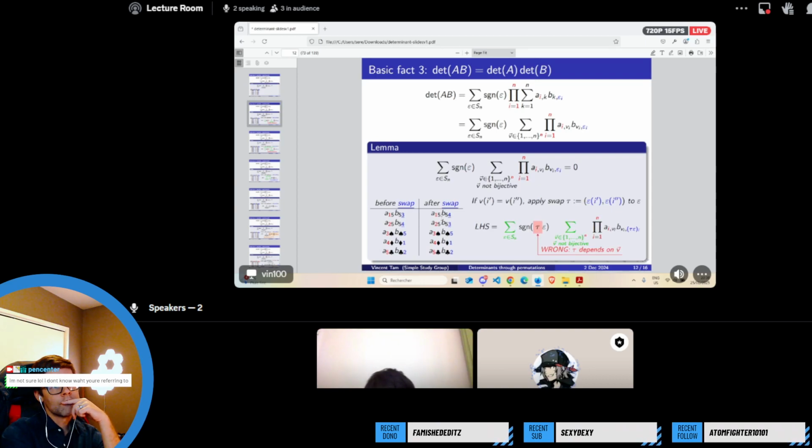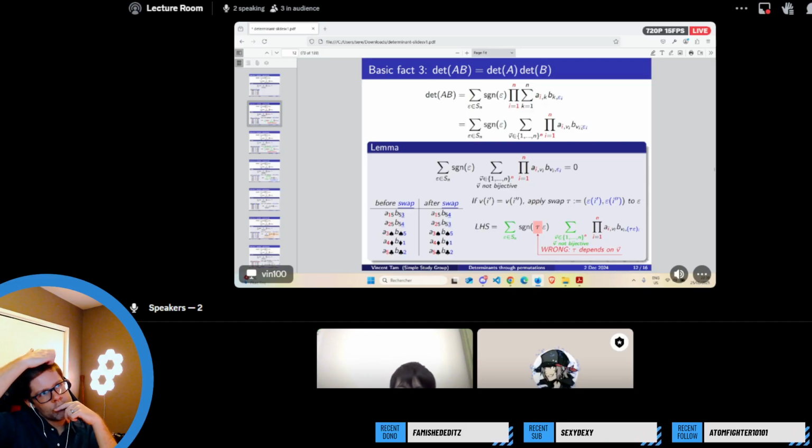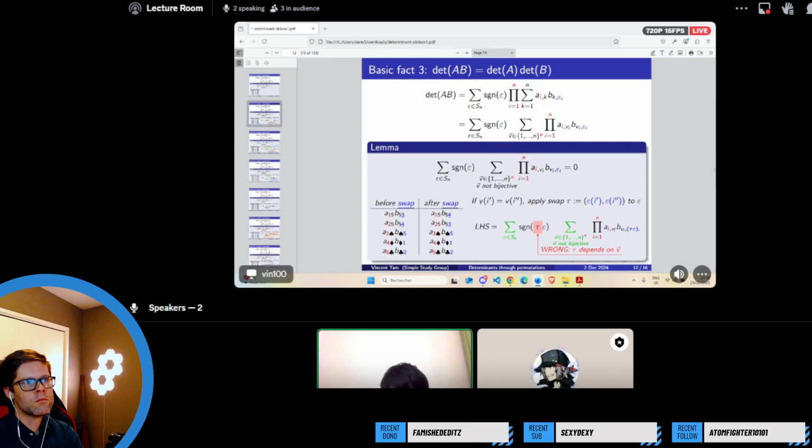So here, what I attempt to do in the first place is to apply a swap on the column index, on the column index sigma i here. So assume that for some row indices i' and i'', v(i') equals v(i''), because we're given here that v is not injective.